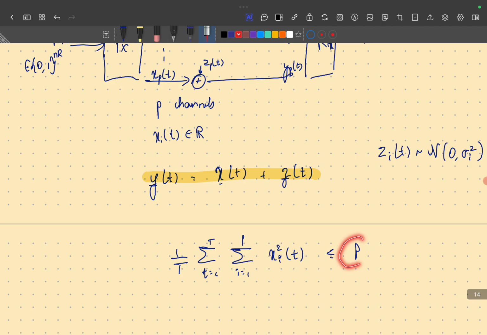And therefore the total amount of energy that you're allowed to use is P times capital T.